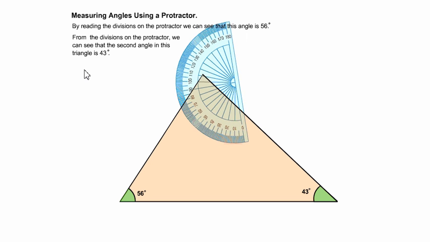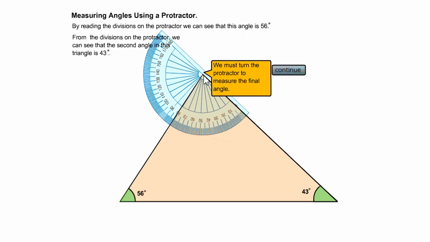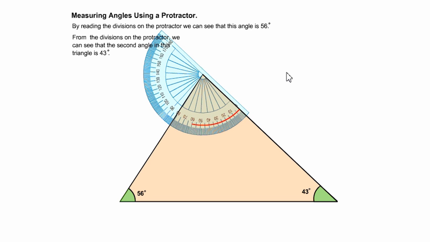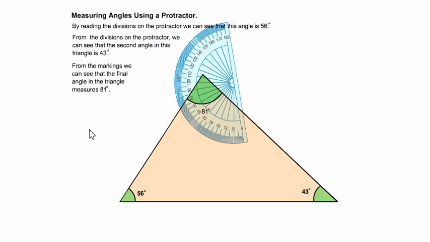Using the protractor, I put again the center to the angle, this line here straight to the 0, and I'm measuring 70, 80, 81 degrees. So my angle there is 81 degrees.